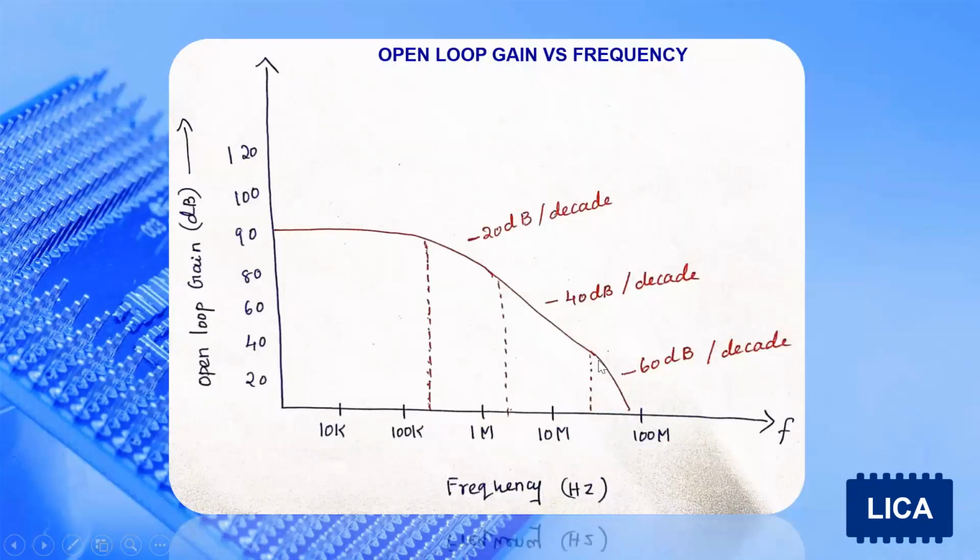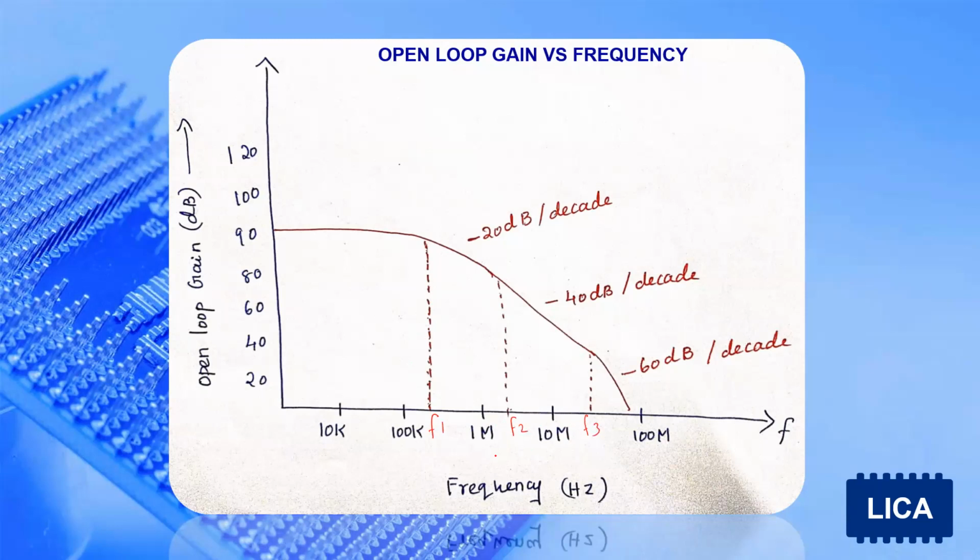Here you see this is a practical case of an op-amp. Here we have three corner frequencies. I missed the marking here. Please note this is corner frequency 1, 2, and 3.